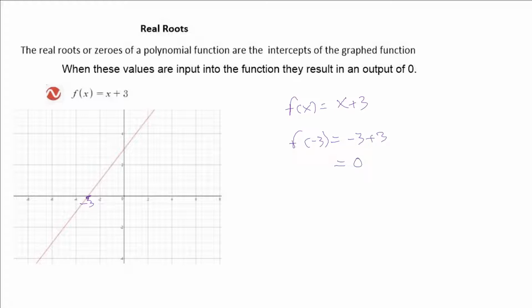We end up with 0. So wherever we have a root, we know that the output will also be 0.